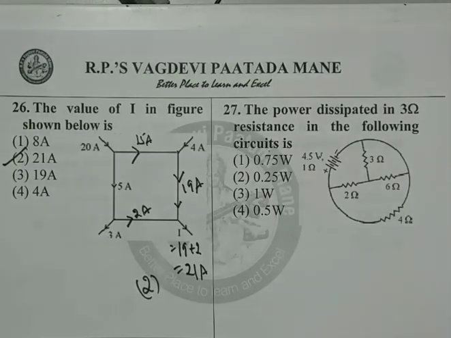Now going for the 27th question. Power dissipated in the 3 ohm resistance in the following circuit is.